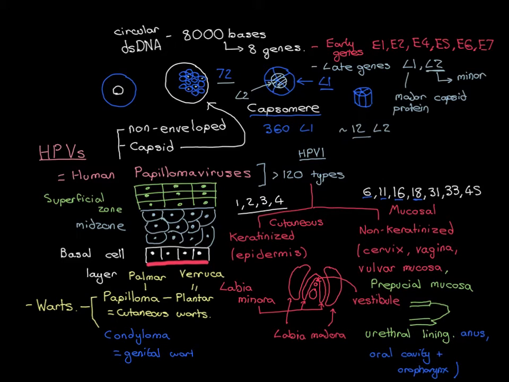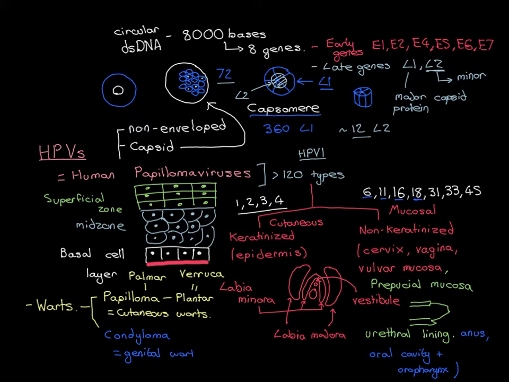So remember, the HPVs infect cells in the basal cell layer of the squamous stratified epithelium, and infected basal cells then divide and produce daughter cells that will move up into the midzone, which will also be infected with HPV genomes.